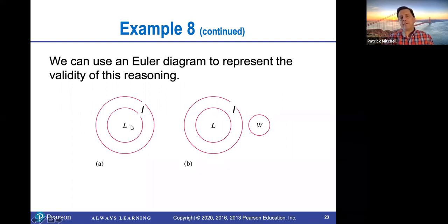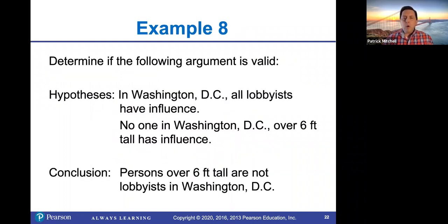So the lobbyist circle goes inside the people who have influence circle. And then the second statement said, no one in Washington, D.C. over 6 feet tall has influence. So let's make that a little simpler and just say nobody over 6 feet tall has influence. All right, I hope that's not true. I happen to be 6'3".